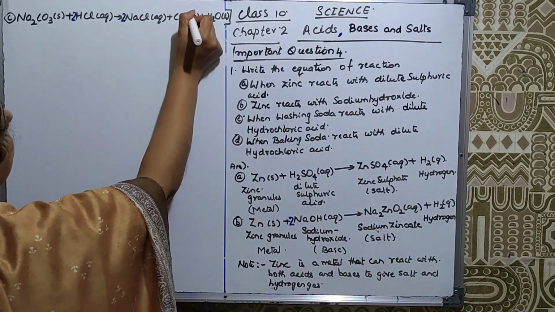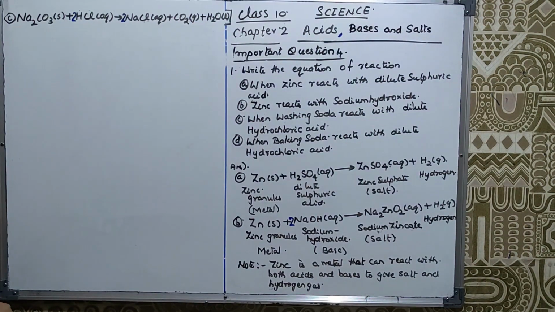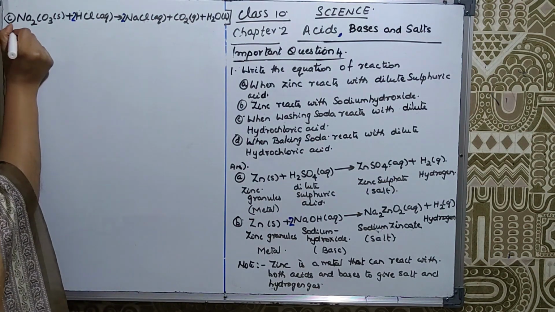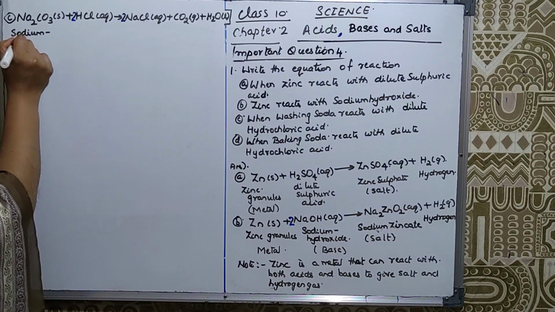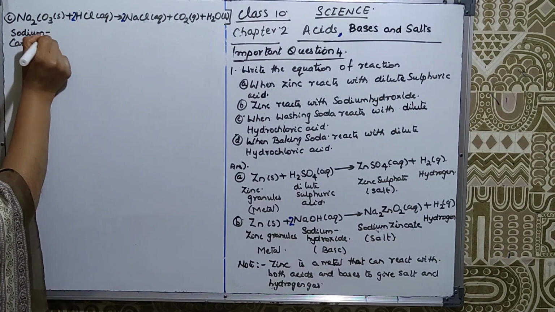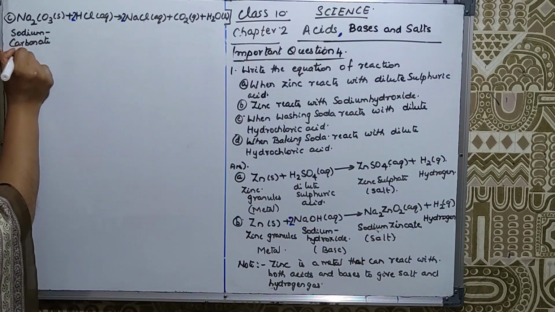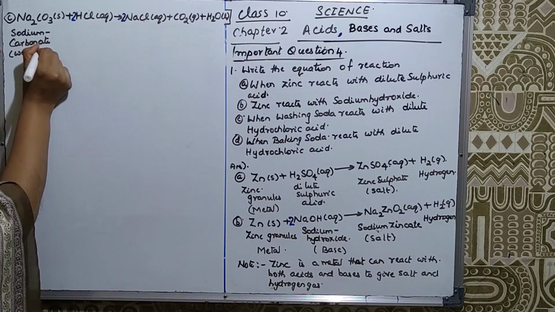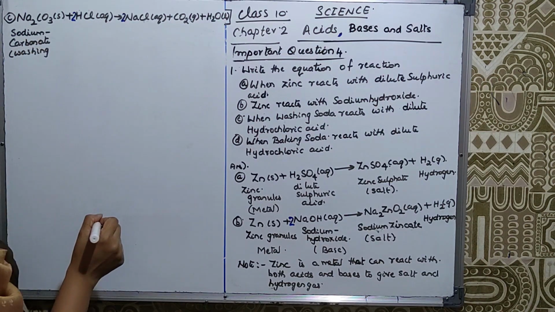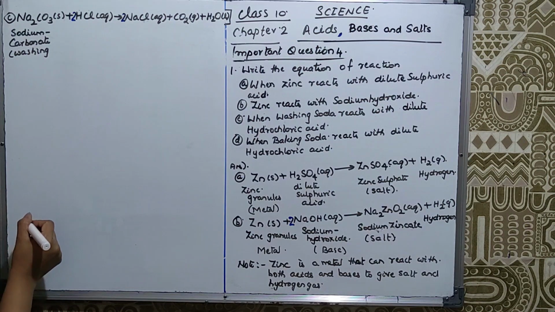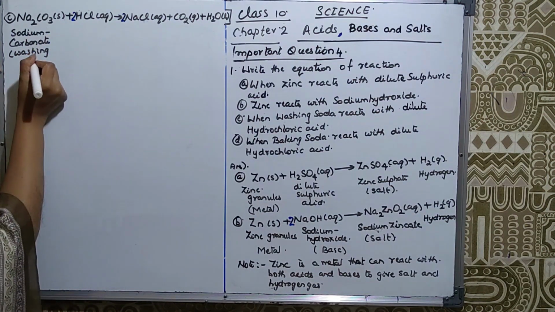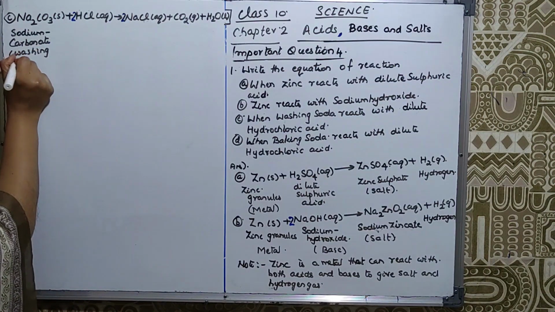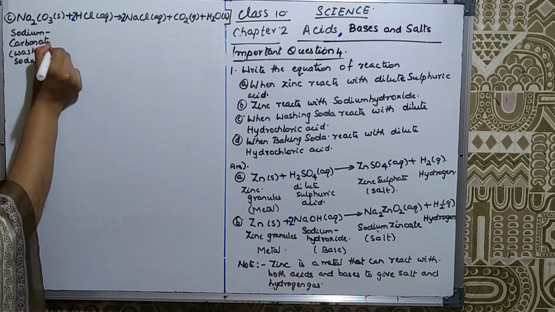Now we'll write the names of the reagents. Sodium carbonate, that one, if they ask indirectly, is the washing soda. The real formula for washing soda is Na2CO3.10H2O, but in the equations we write only Na2CO3. The other part is water of crystallization. So this is washing soda.